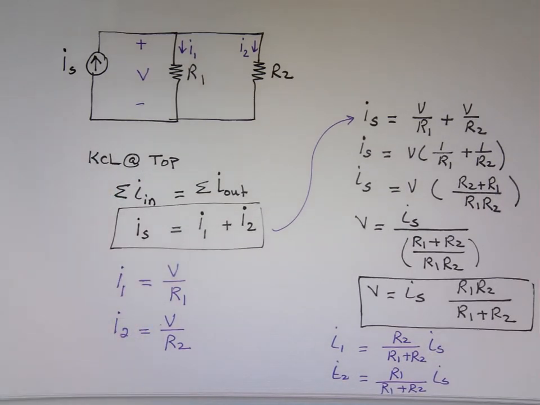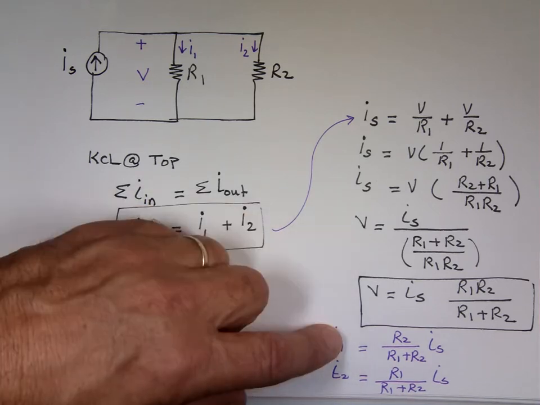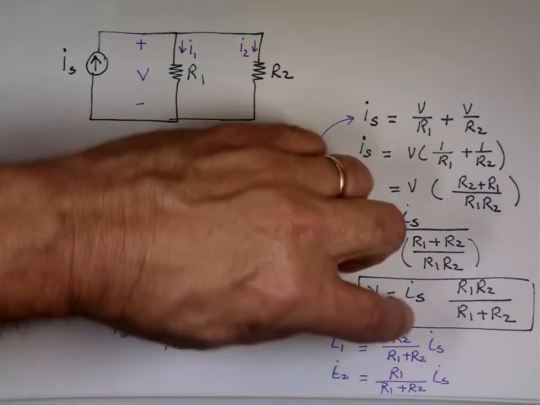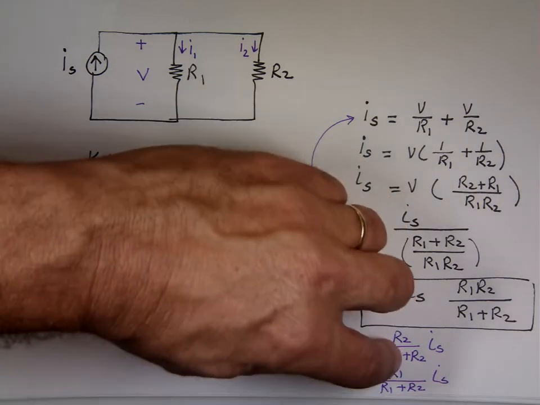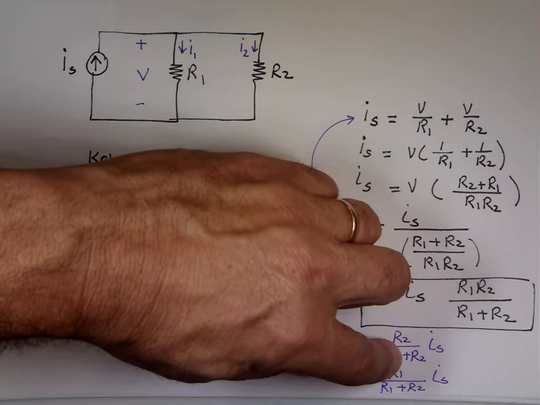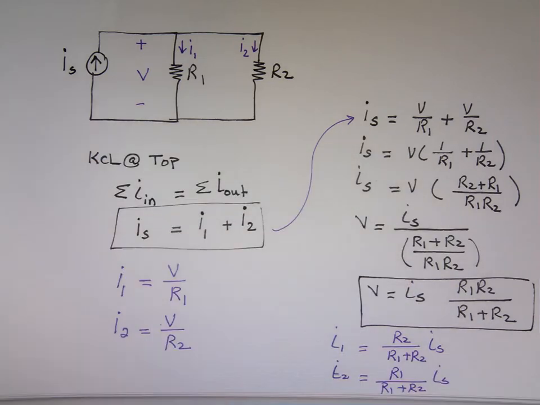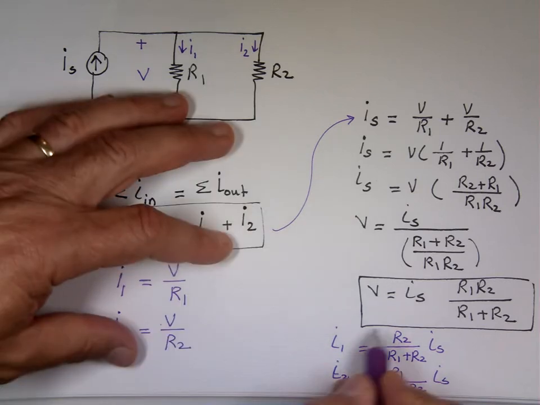Notice when it's I sub 1, I'm going to use which resistor on the top? R sub 2. When it's I sub 2, I'm using what on the top? R sub 1. The opposite resistor. So those are the equations for current division, right there.